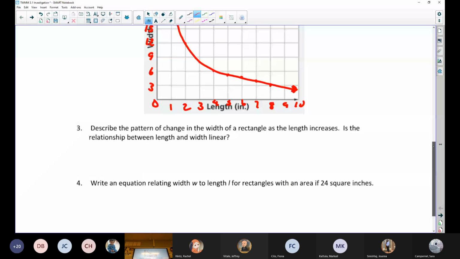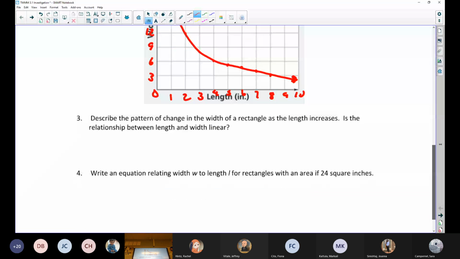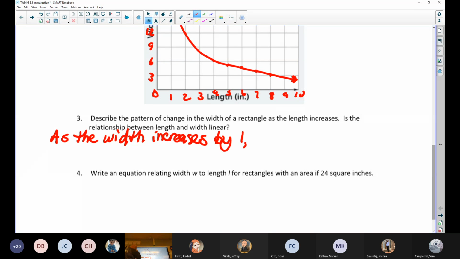So it says here, describe the pattern of change in the width of the rectangle as the length increases. I'm going to write the first part of the sentence, and I'm going to see if you can finish it for me. As the width increases by 1, what happens to the length?